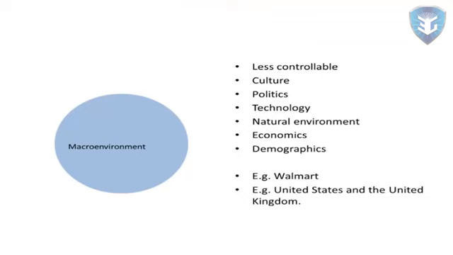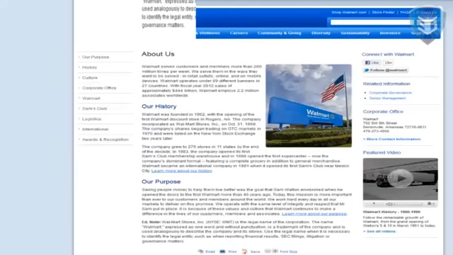Let's go back to Walmart and look at it in terms of its macro environment. Again, for Walmart, the wider global macro environment will certainly impact its business, and many of these factors are pretty much uncontrollable. Walmart trades mainly in the United States, but also in international markets. For example, in the United Kingdom, Walmart trades as Walmart and Asda.